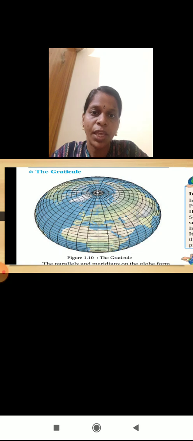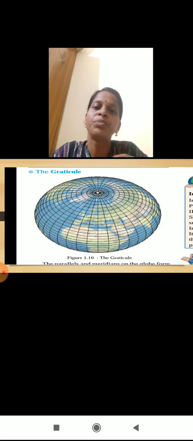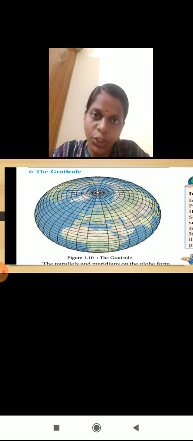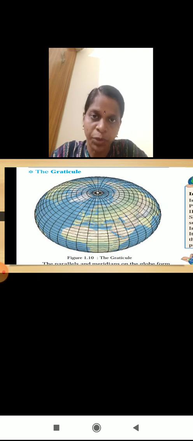Can you see a vertical line and a horizontal line, imaginary lines? When we draw such imaginary lines, the horizontal lines are known as parallels of latitude and the vertical lines as meridians of longitude. After drawing all this, see the way the graticule has been formed.